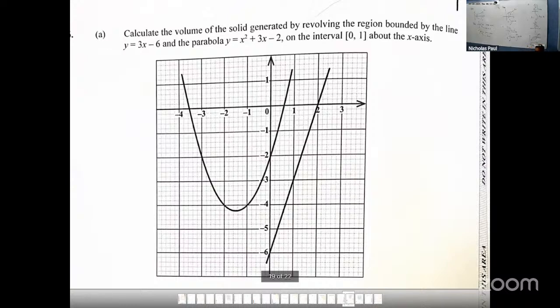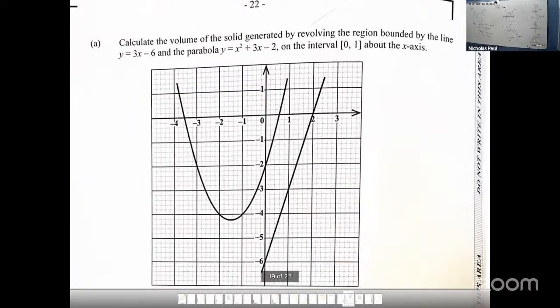We're trying to find the volume in between. You want the volume of the solid generated by revolving these two.